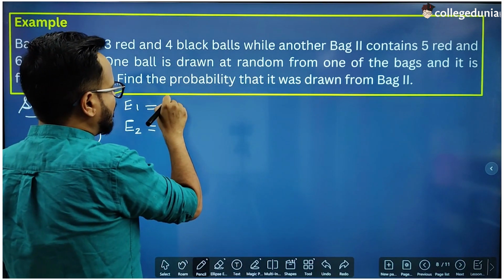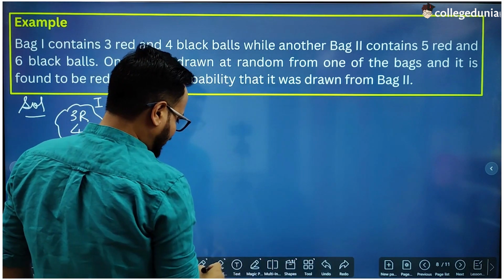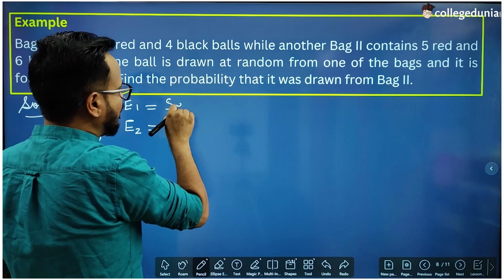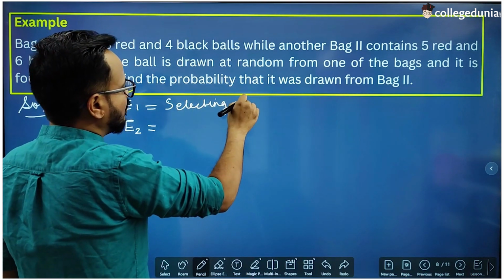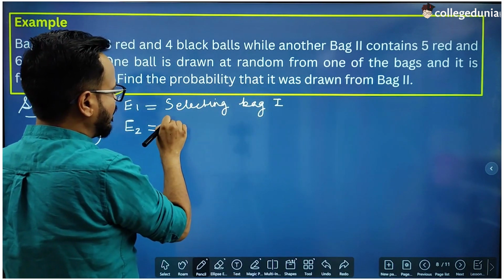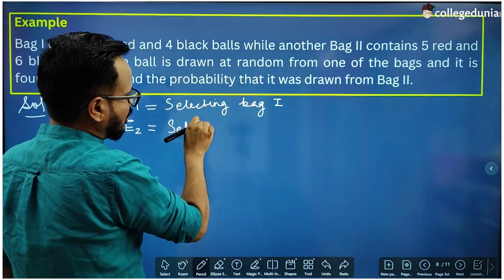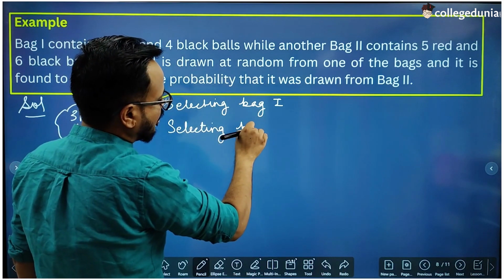So E1 is the event of selecting bag 1, and E2 is selecting bag 2.